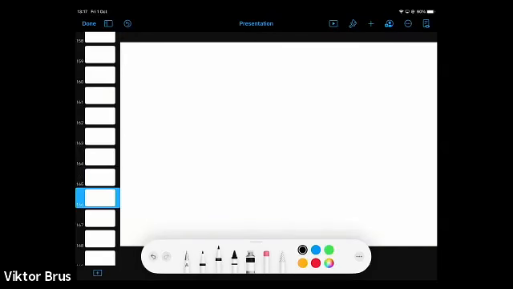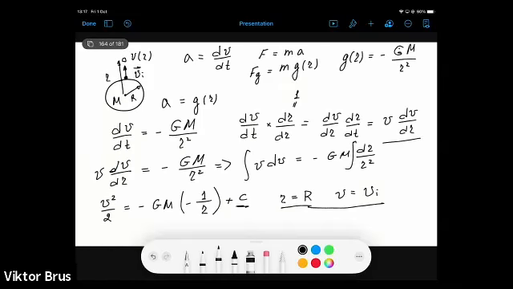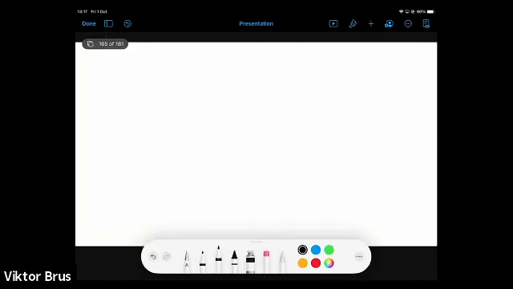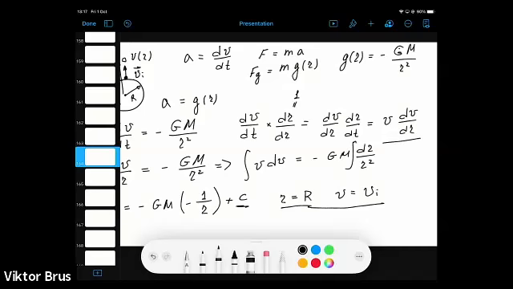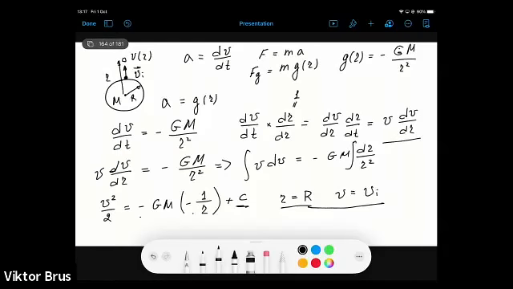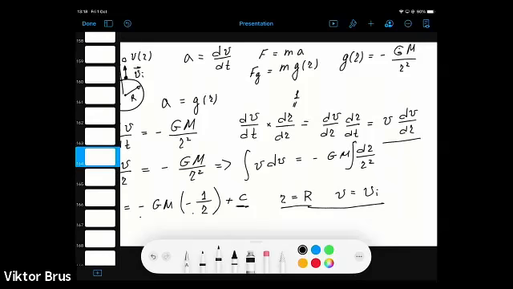So what is here? V squared. We can already apply this boundary condition. V initial squared divided by 2 will be equal to, and we need to keep in mind that here we have minus and minus, which gives plus.